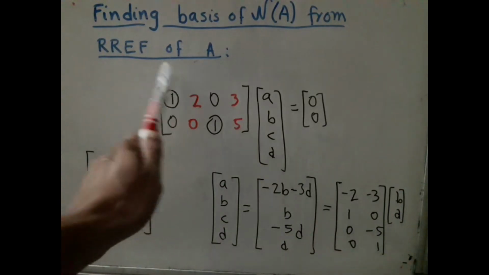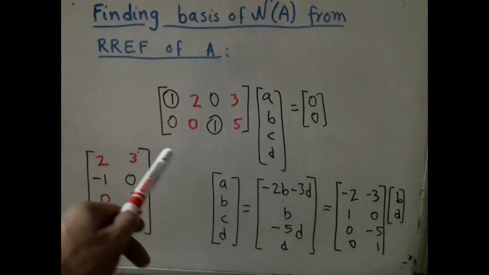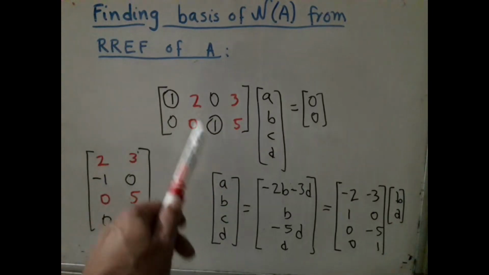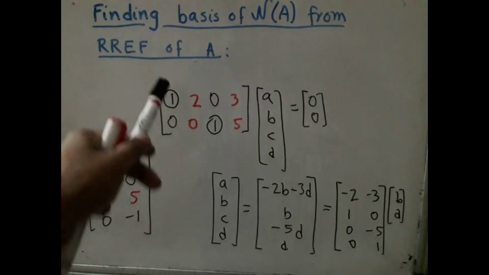Just by looking at this, I can immediately write this down. Now think about this in general. Just take some other matrices in RREF form and see if you can utilize this pattern to immediately write down this matrix and implement that as a computer program, and you will get a way of obtaining a basis of the null space of a matrix from its RREF.